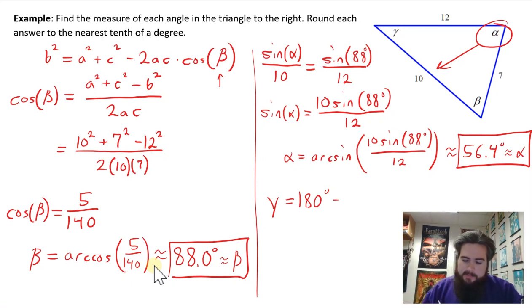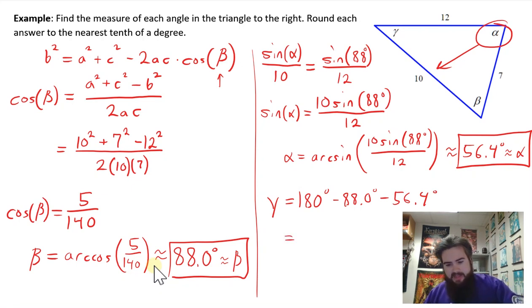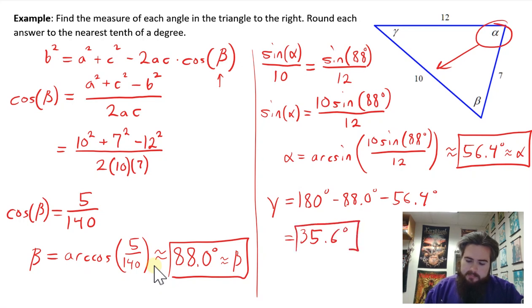So 180 minus 88.0 minus 56.4. That will give us 35.6. So that would be our values for alpha, beta, and gamma in this triangle.